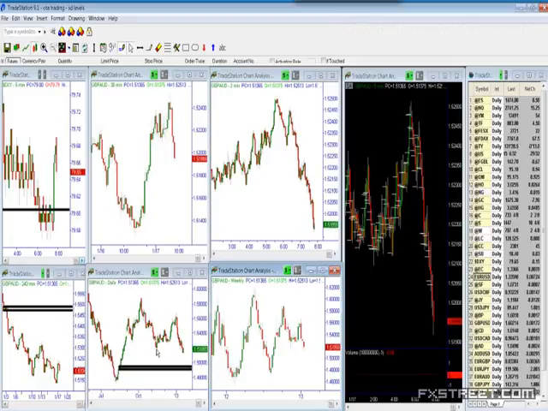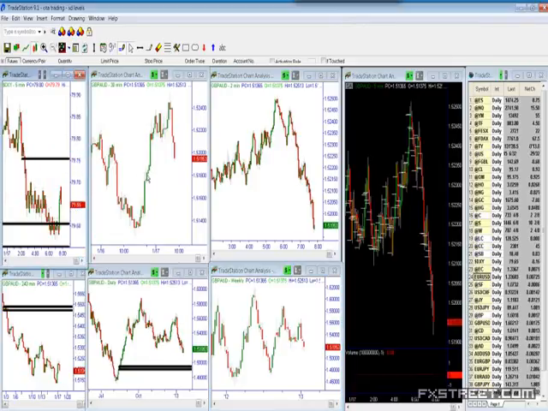If it's in the middle, then we could go down to smaller time frames and look for both longs and shorts. Make sense? Okay, but that's why you do that. So because it kind of is right in the middle, I can go down to smaller time frames and take both longs and shorts.